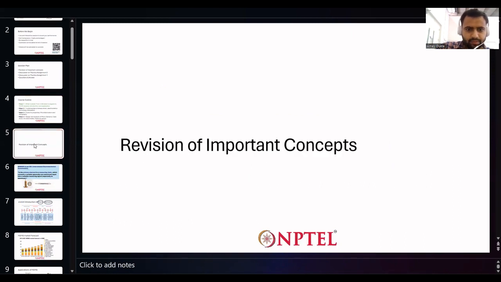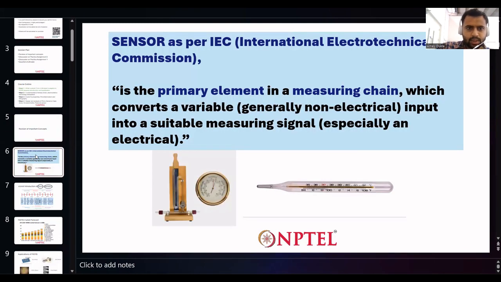We first begin by revising the important concepts. So what is a sensor? It is very difficult to define what a sensor is per se, but the International Electrotechnical Commission is a statutory body. Like for mechanical engineering there is ASME, the American Society of Mechanical Engineers, and for electrical engineering it is IEEE. For electrotechnical there is the Electrotechnical Commission.